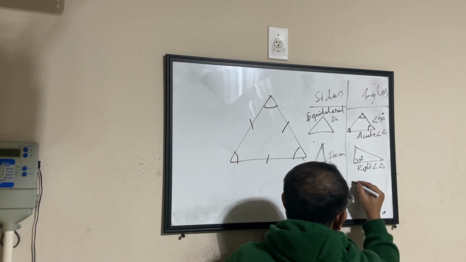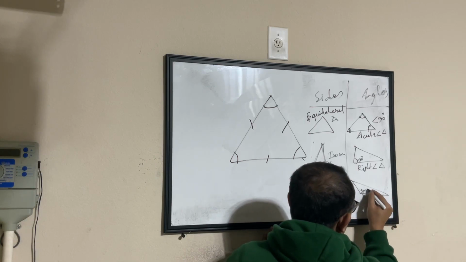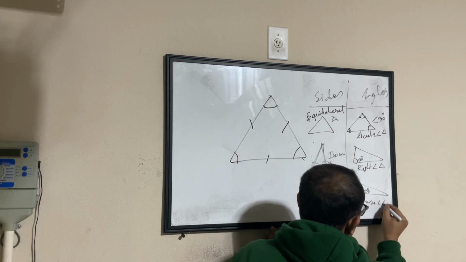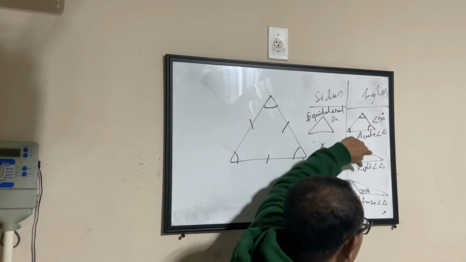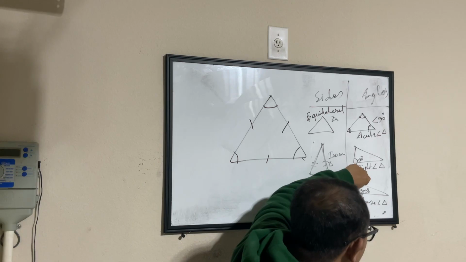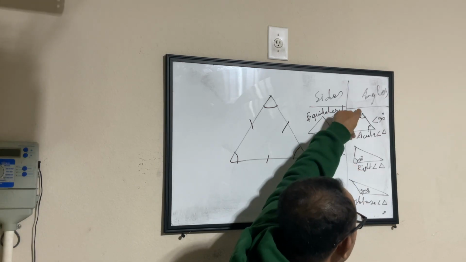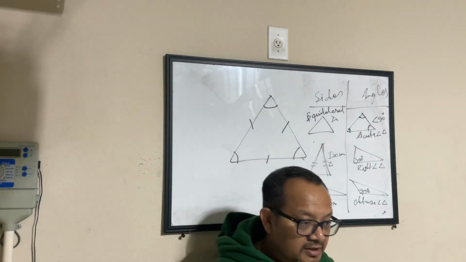And when one of the angle is more than 90 degree, that is obtuse angle triangle. This is right angle. Since this triangle contains a right angle, that's called right angle triangle. This is obtuse angle. Since this triangle contains one obtuse angle, this is called obtuse angle triangle. And since all the angles are acute angle, that's why it is called acute angle triangle.